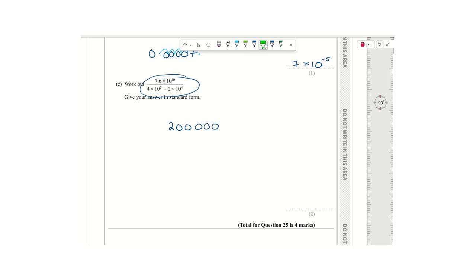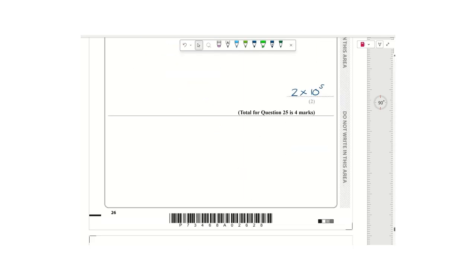And because the question says give your answer in standard form, I've then just got to turn that answer back into standard form. So the point's got to be after the 2, so it's moved 1, 2, 3, 4, 5 places. So I've got 2 times 10 to the 5.